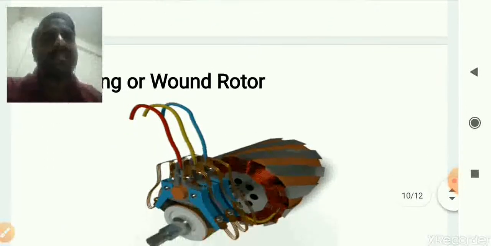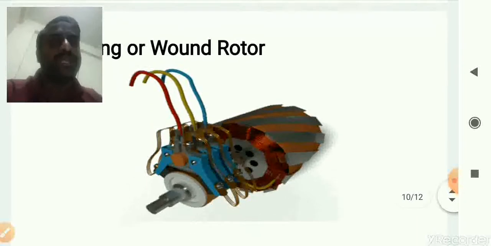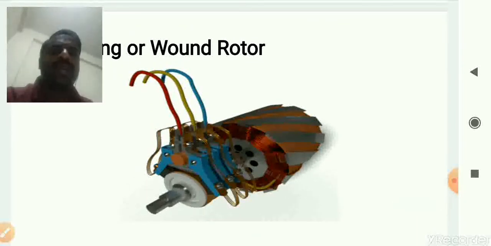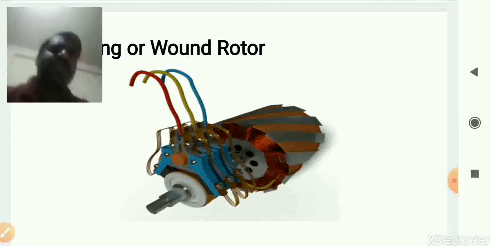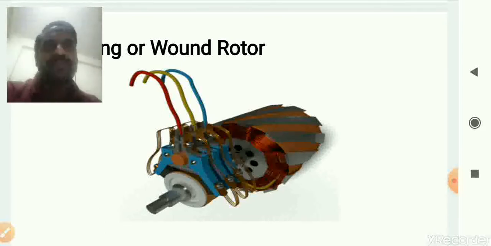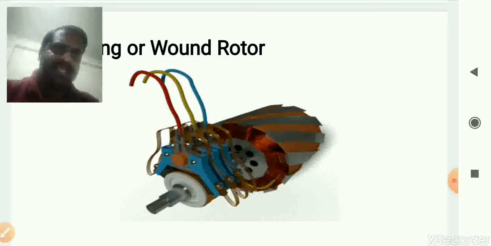Now you can see here this is the slip ring induction motor, or wound rotor induction motor. The main difference between the squirrel cage induction motor and the wound rotor is that this rotor has a winding wound in the slots of the rotor, and like the stator, the winding is usually connected in star.